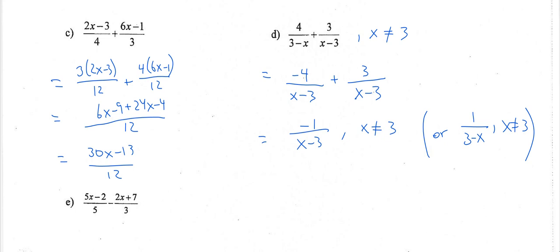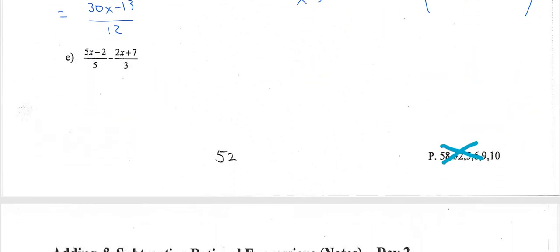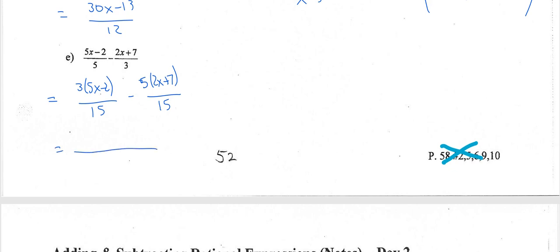Okay, last one on this page. Common denominator is 15. This is a really good one. Okay, now here, when I'm going to write this over 15, I have to be very, very careful. This is 3 times 5x minus 2 minus 5 times 2x plus 7.